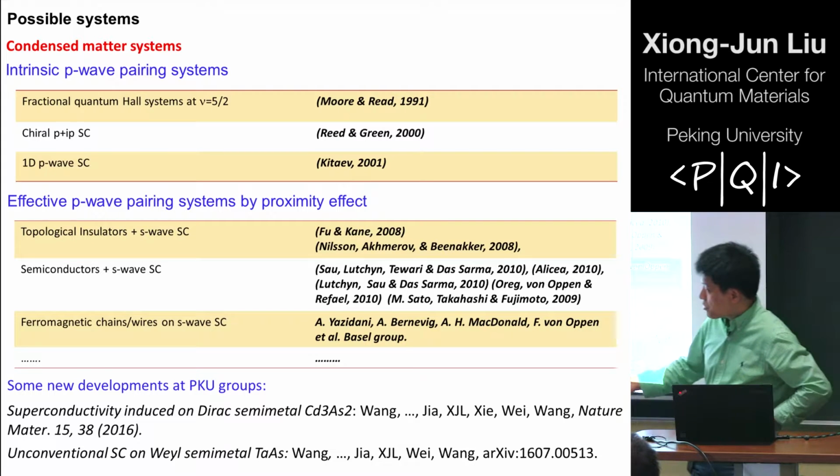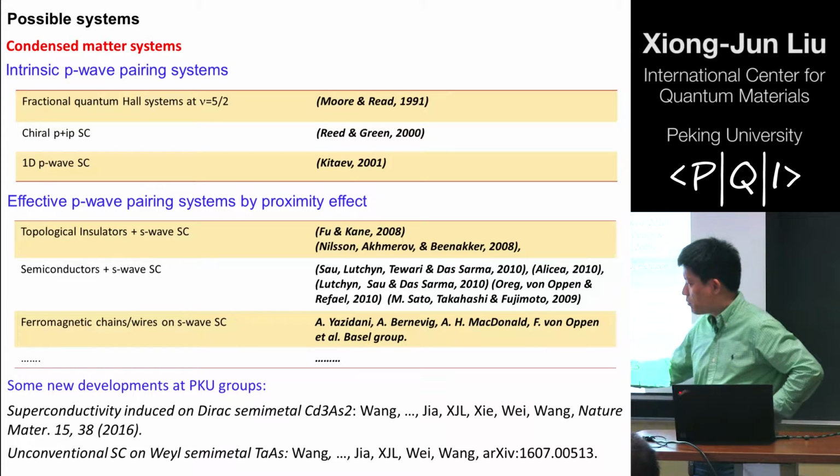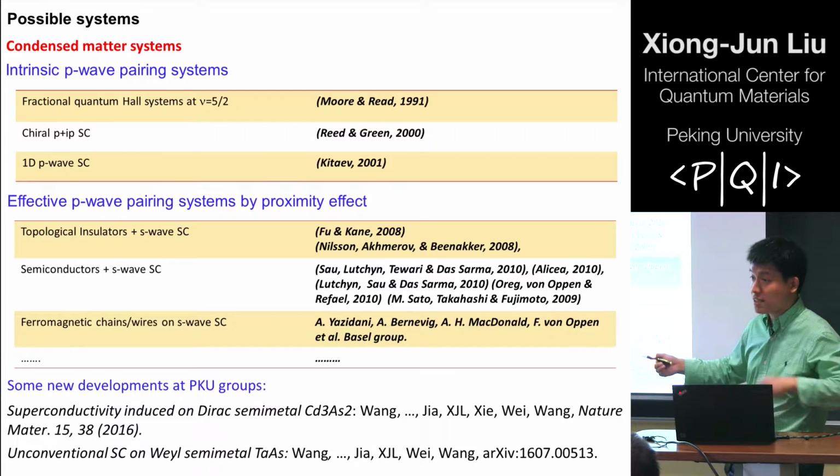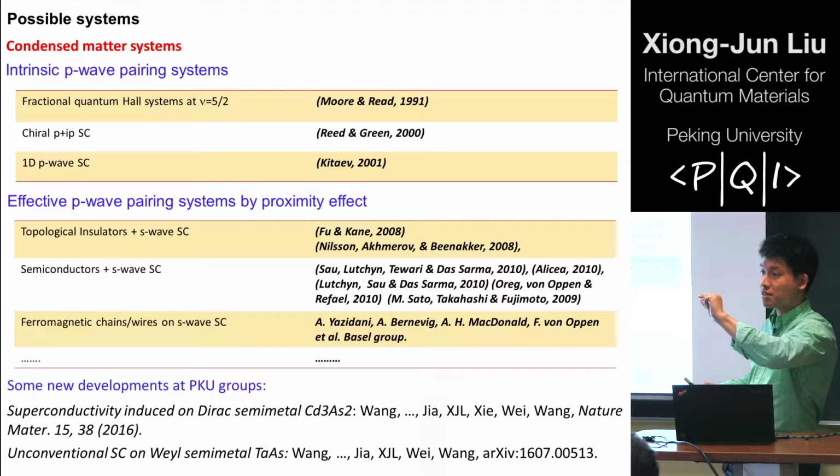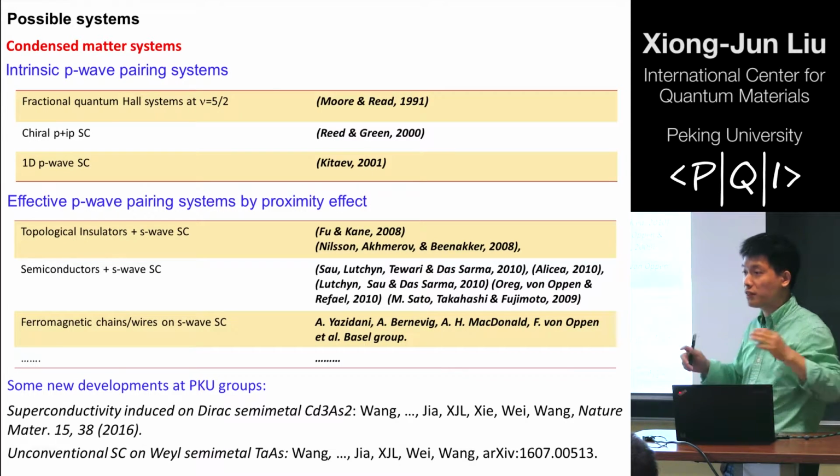Actually, for both the Weyl semimetal and Dirac semimetal, the key thing is that at the Fermi surface, the Fermi surface itself is non-trivial, is topological. I think this is the most important difference.